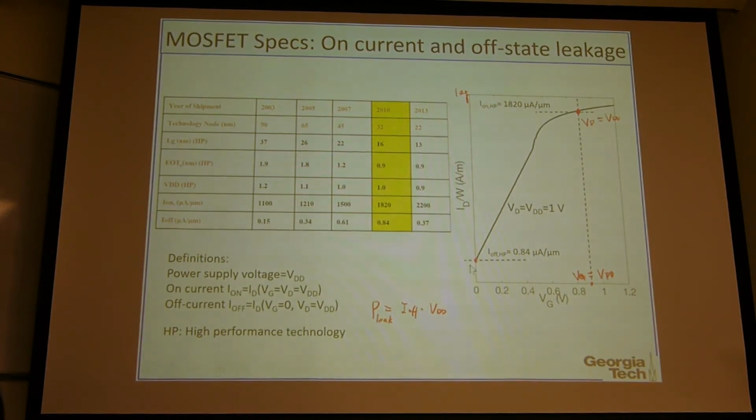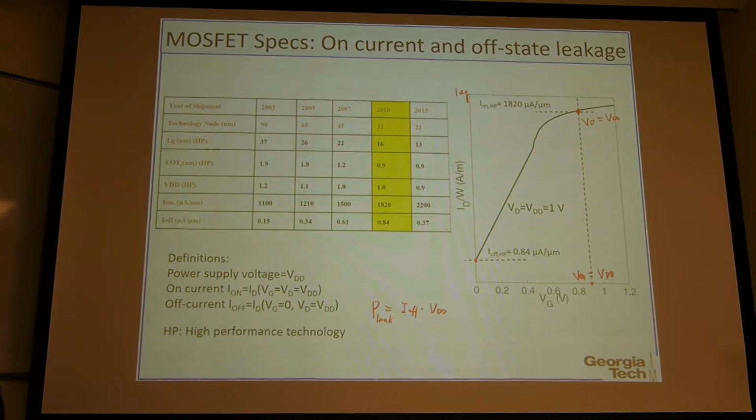We care about this off current because, as we said, this is the reason that even when your phone is in standby sleep mode, it's still consuming power, because the off current is coming from the power supply. So this I_off times VDD is the leakage power per transistor from the power supply.